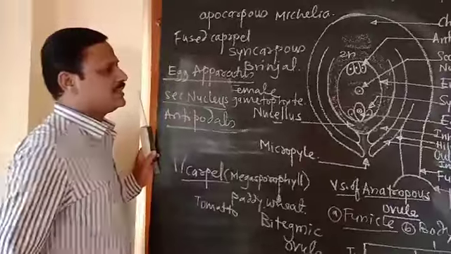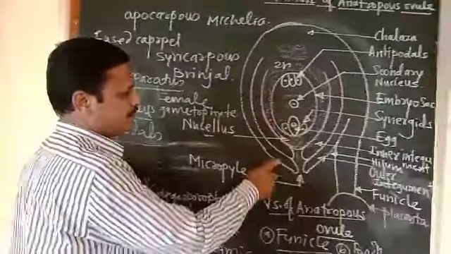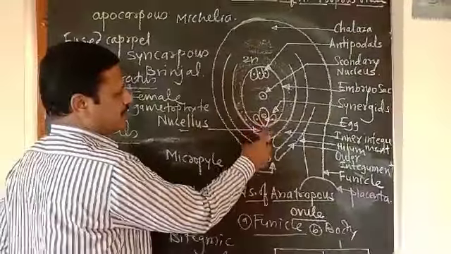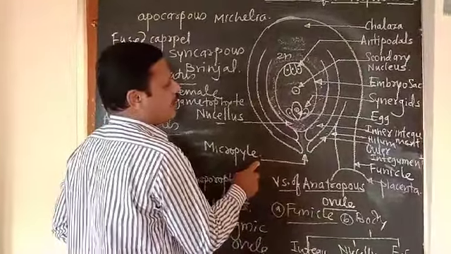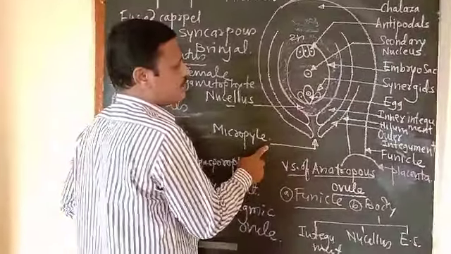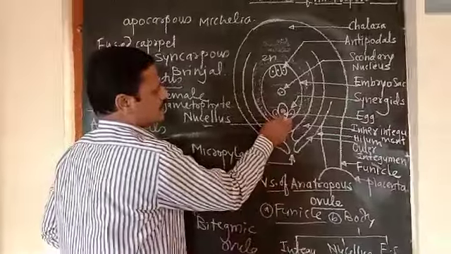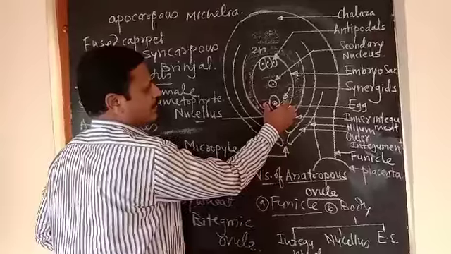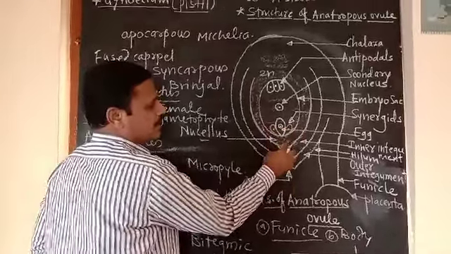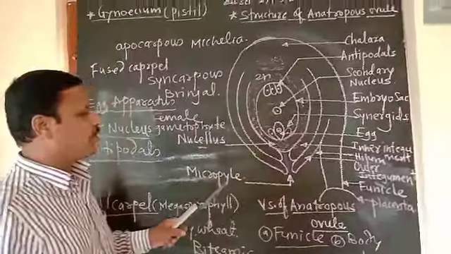Egg apparatus is present towards the micropylar end of the ovule. This structure is called the egg apparatus.